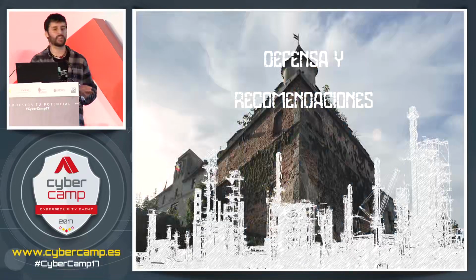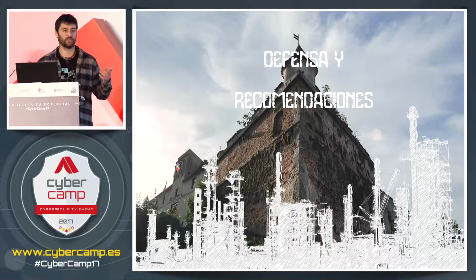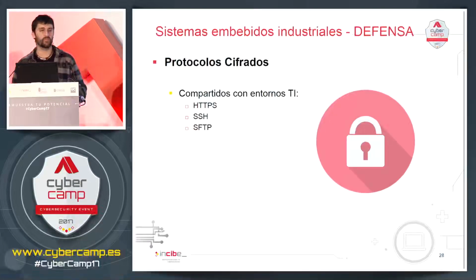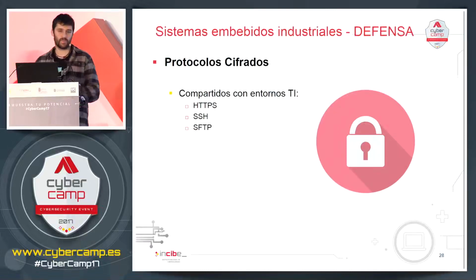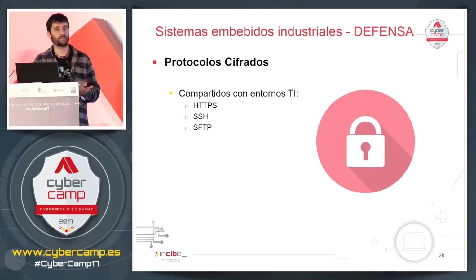Well, defense and recommendations. What can we do against these attacks? Well, I've picked a few, but there are many more, of course. There are many attacks you can unleash. I just selected the most representative ones, or the ones that first came to my mind, actually. Anyway, encrypted protocols.